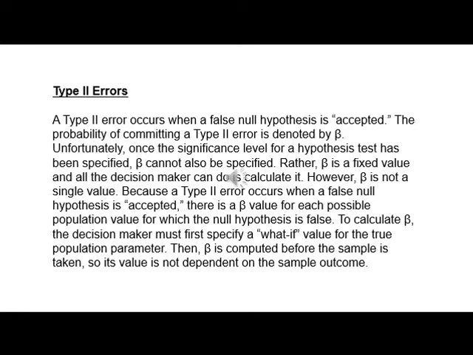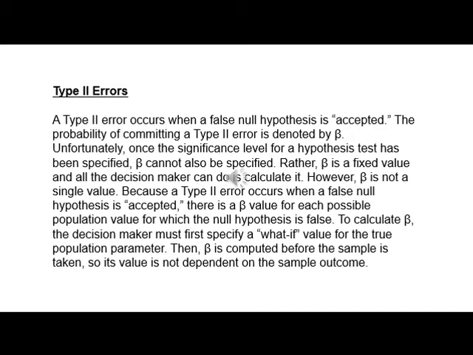Rather, beta is a fixed value and all the decision maker can do is calculate it. However, beta is not a single value. Because a type 2 error occurs when a false null hypothesis is accepted, there is a beta value for each possible population value for which the null hypothesis is false.